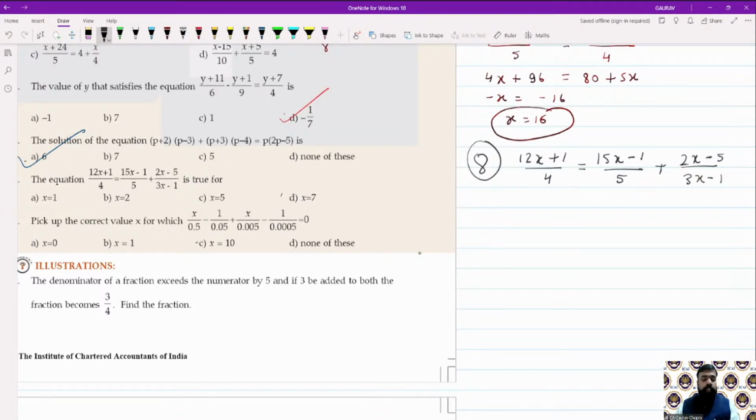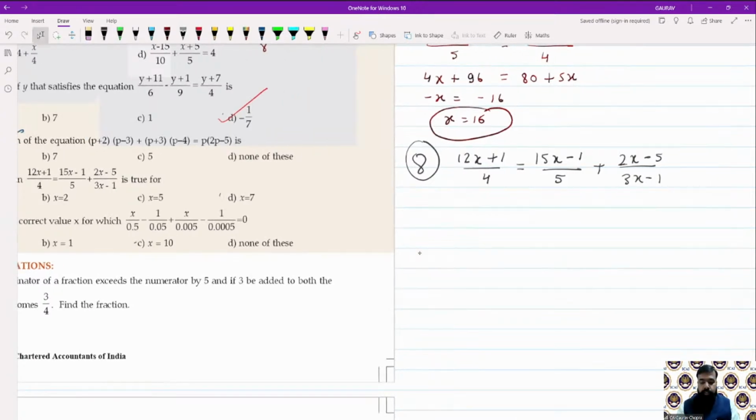Now, in this case, there is one way to put the options. If you want, you can try the options and see which is satisfying the equation. Otherwise, we have to simplify and get the result.